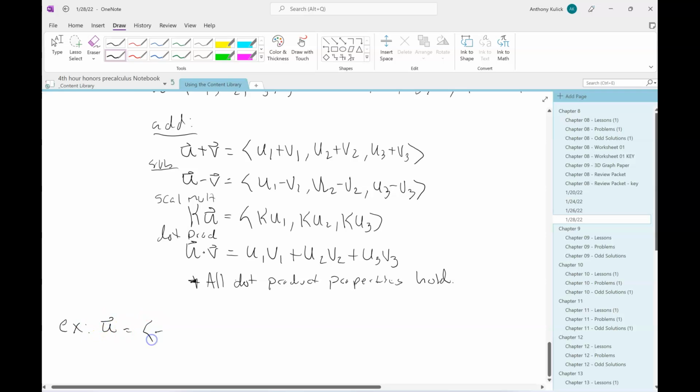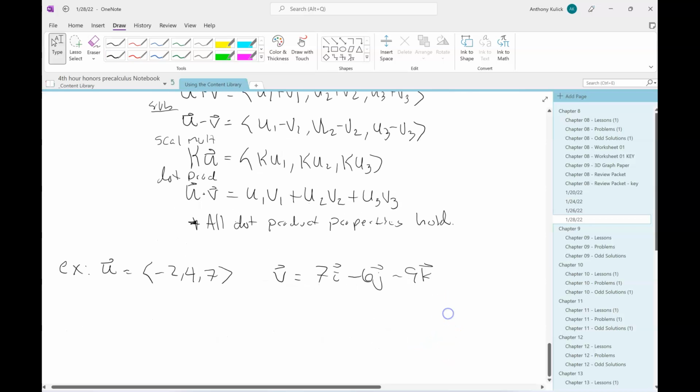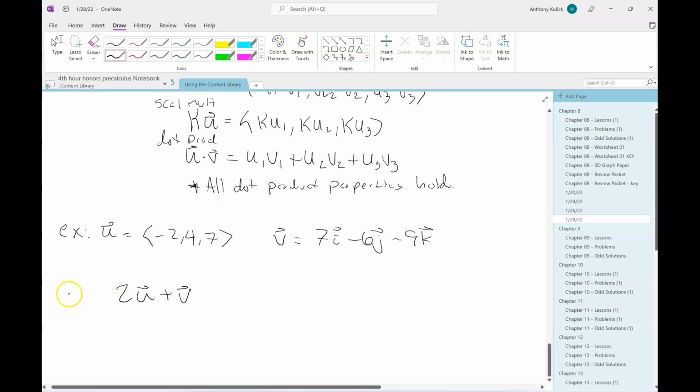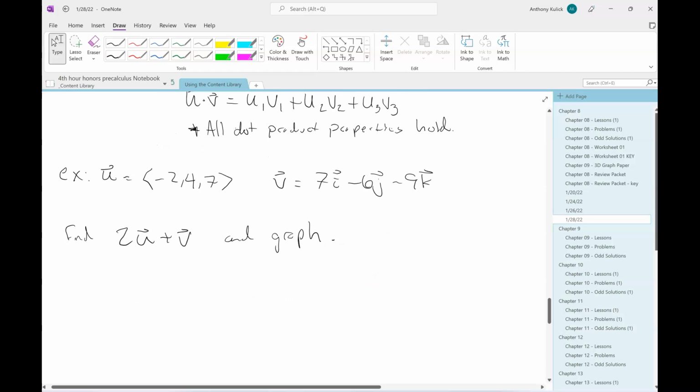So for example, let's say we have vector u and vector v, and what we want to do is find 2u plus v, and then graph that vector. Everybody okay?